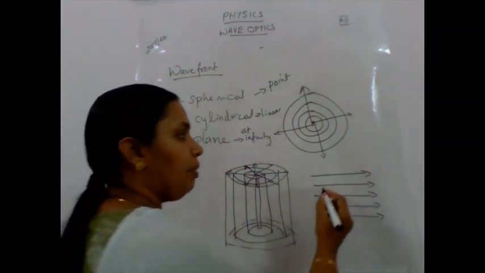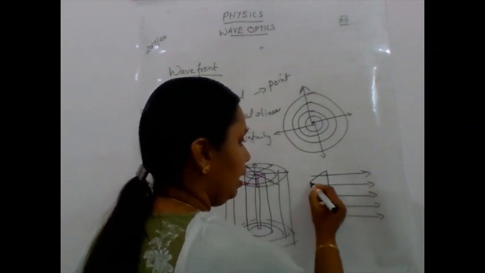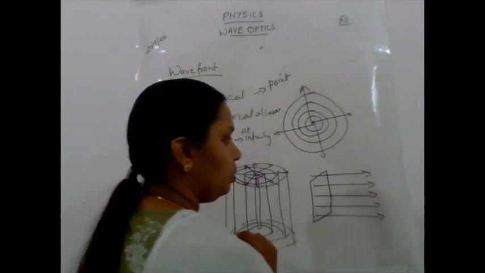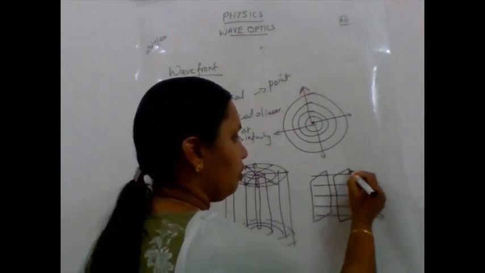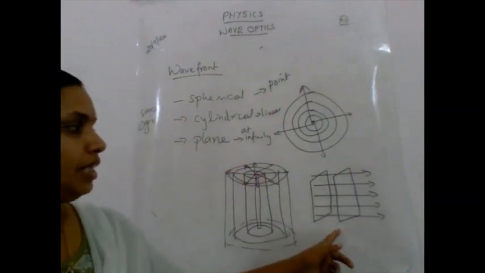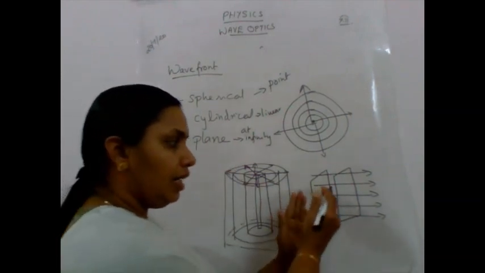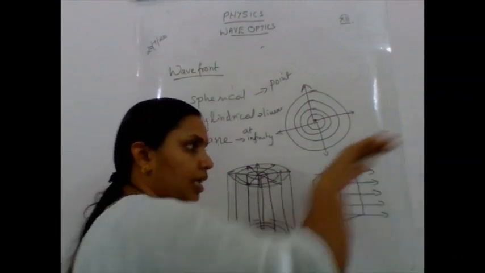So here we are considering a position where all the particles are in the same state of vibration. So this is a plane. The next one will be the next plane, all in the same state of vibration. So the wavefront is a plane wavefront and the separation is also equal everywhere.